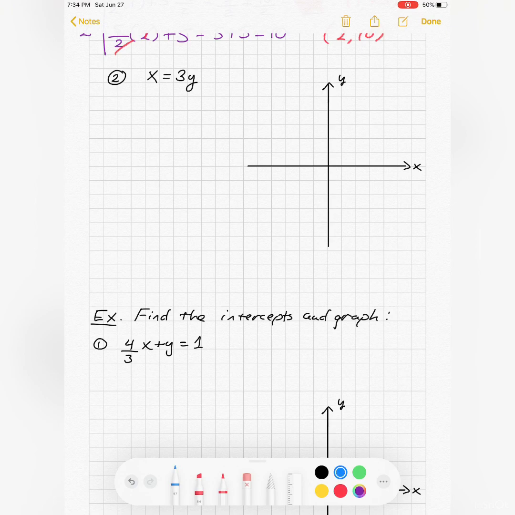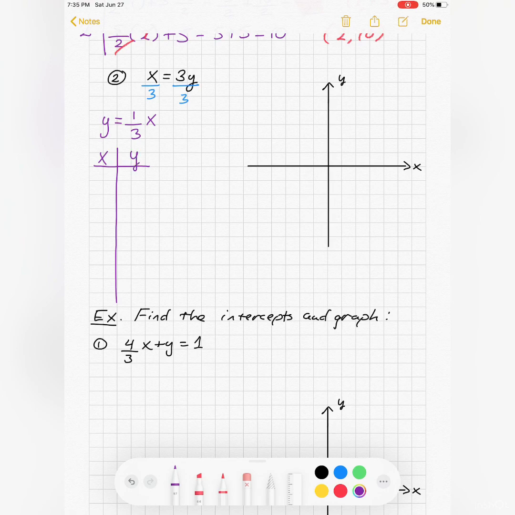Okay, let me solve for y again. X over 3, or a third x. So again, I'm making a table.